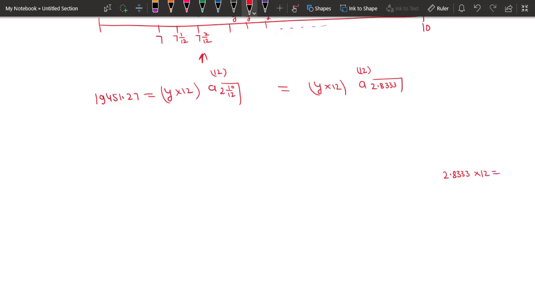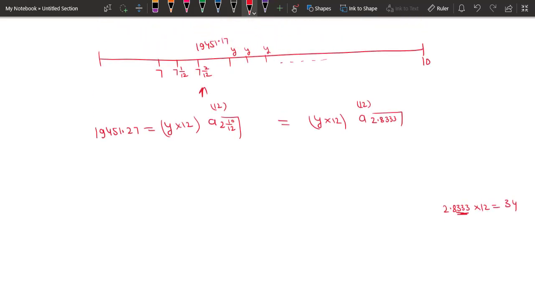This value will come out to be 33 point something 9999, but since we have taken only 3 threes, if we calculate the value exactly like 2.83333 into 12, you will get approximately 34. And you can cross check this value. Since we are standing here at 7 years 2 months, the remaining number of months is 34.